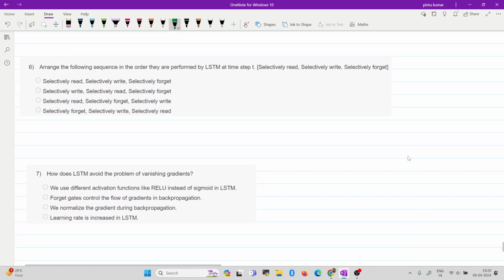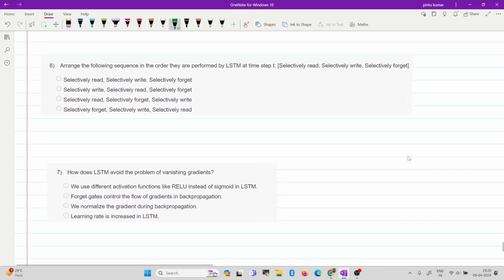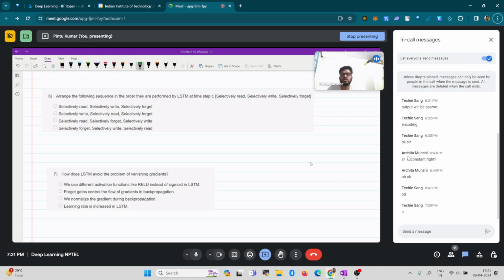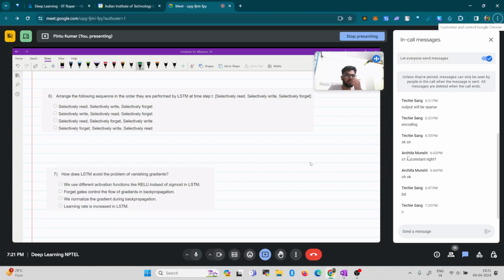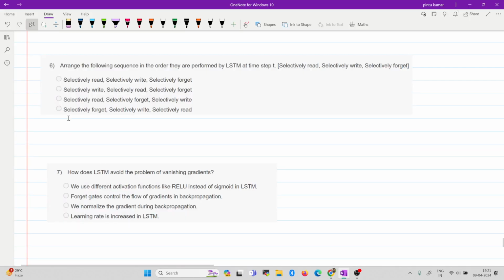What do you think is the correct order to do this? Somebody says C. Others also, can you please answer? So C is correct, right? This is what we just discussed, that first it will do read, then forget, and then write.